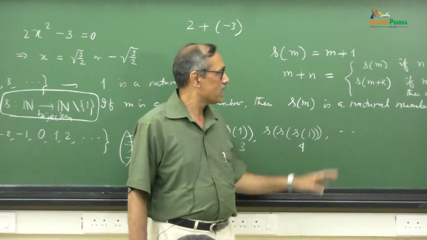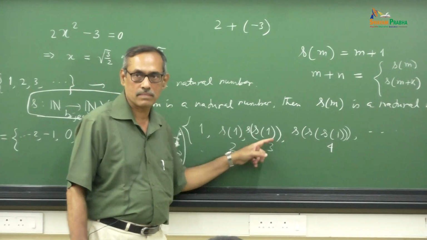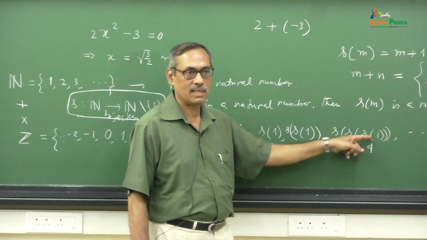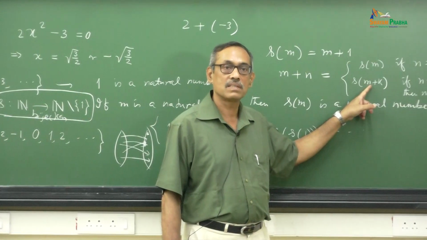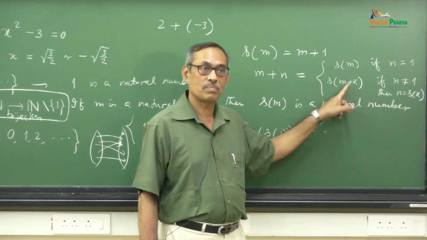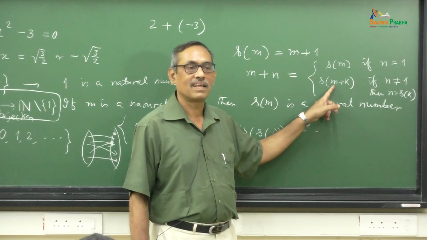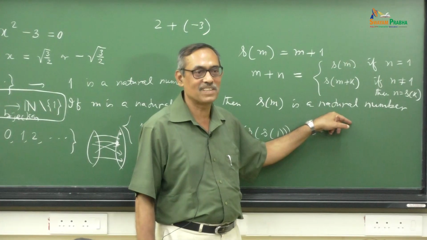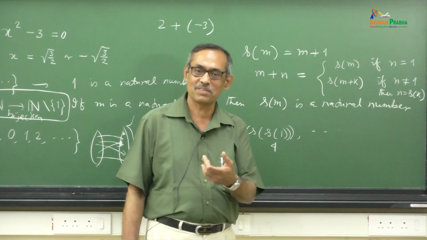Fine. If n is not equal to 1, then n will be S of something, say S of k, here S of 3, right? So, I know how to define m plus 3. So, from there I am defining m plus 4, right? Because once you know for 1, you know for 2 using this, again you know for 3 and so on. So, this will define it. Now understood?